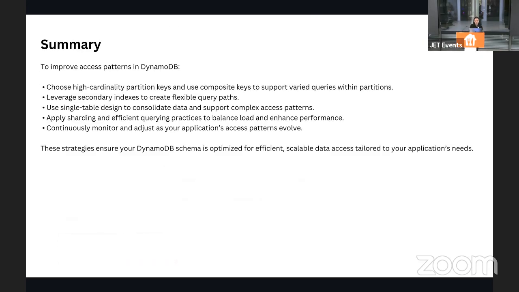So yes, to improve access patterns in DynamoDB, just to summarize everything I covered before: choose high cardinality for the partition key, and use composite keys to support varied queries within partitions. Higher cardinality is better.